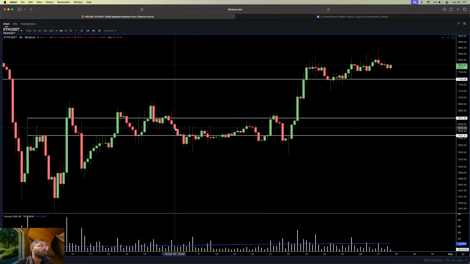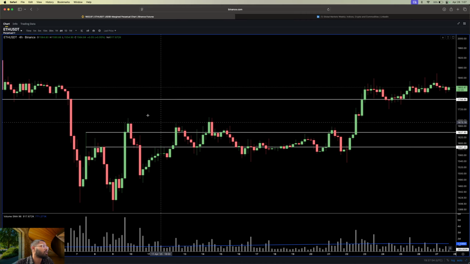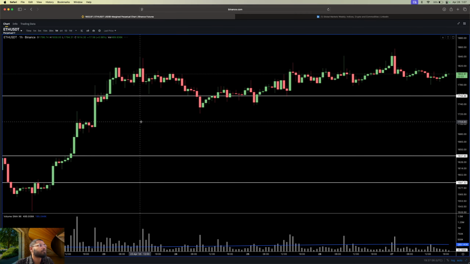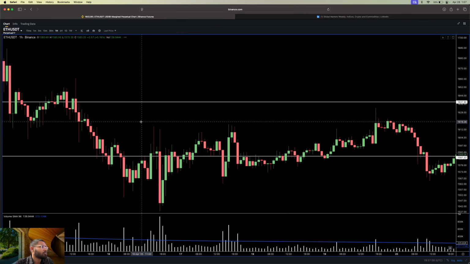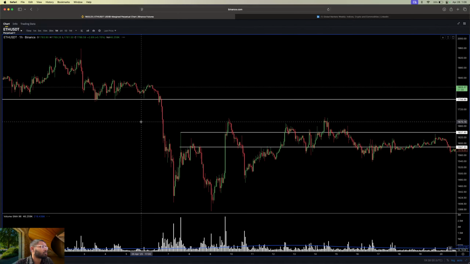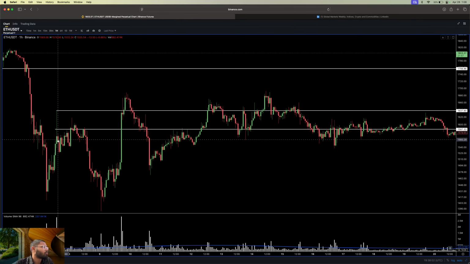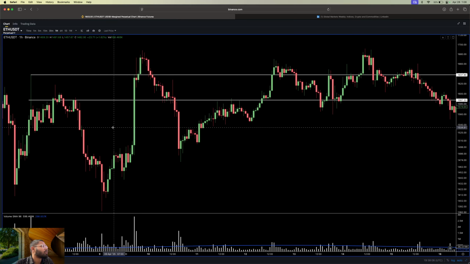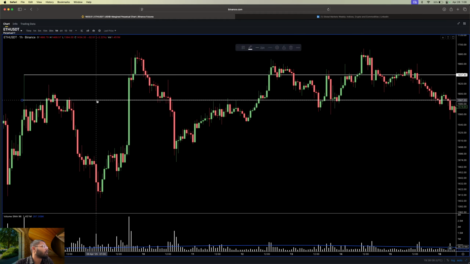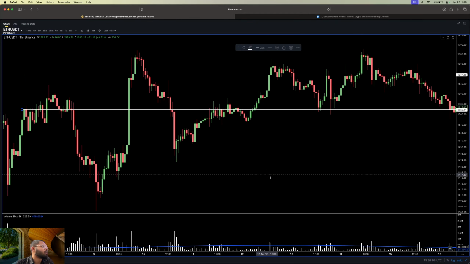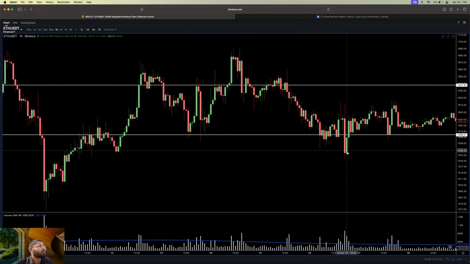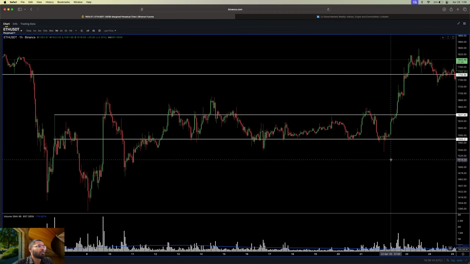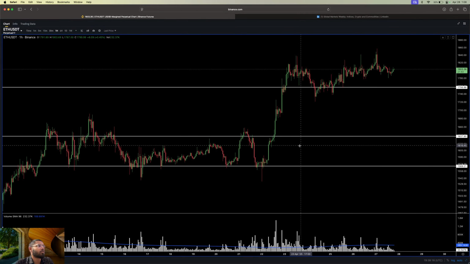We drew it in 4 hour or 1 hour, I still don't remember. This should have been a little bit lower. Okay, so this range is important now.